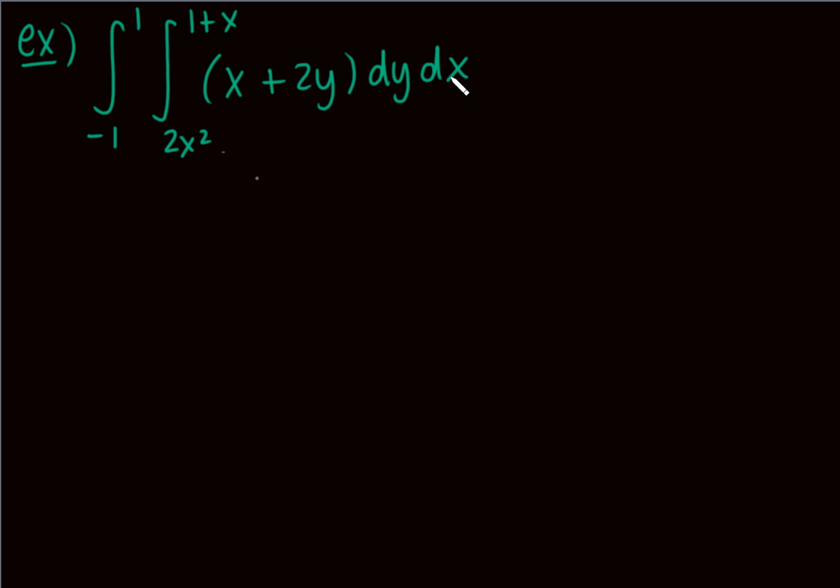All right, so let's see what happens here. So now if you look at this, what is the difference here? Well, the difference is I don't have constants. So what this is saying here, and notice I have the dy again.